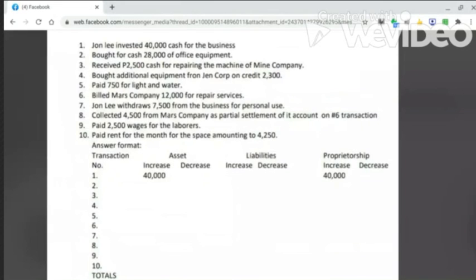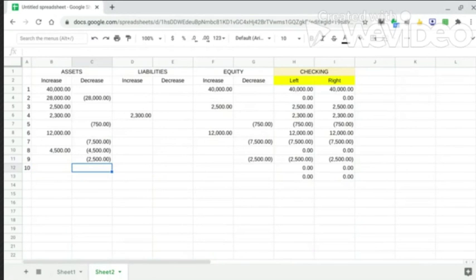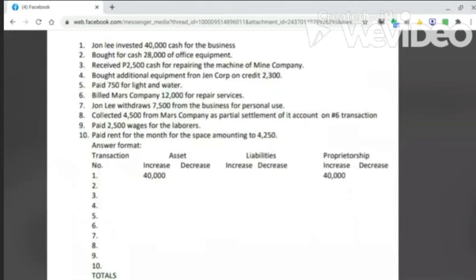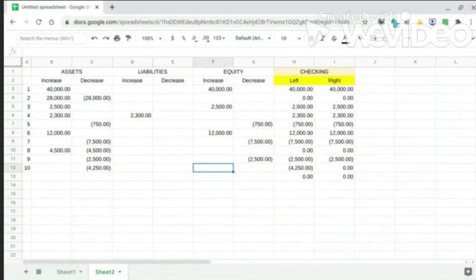So, magbawas tayo ng asset ng 4,250 pesos. And since nagamit niya yung rent, the fact that he used that office space, nag-consume siya ng right dun sa pag-use ng office space, babawasan din natin yung equity ng 4,250 pesos para dun sa expense ng rent. Okay? So, checking again, 4,250, tama.